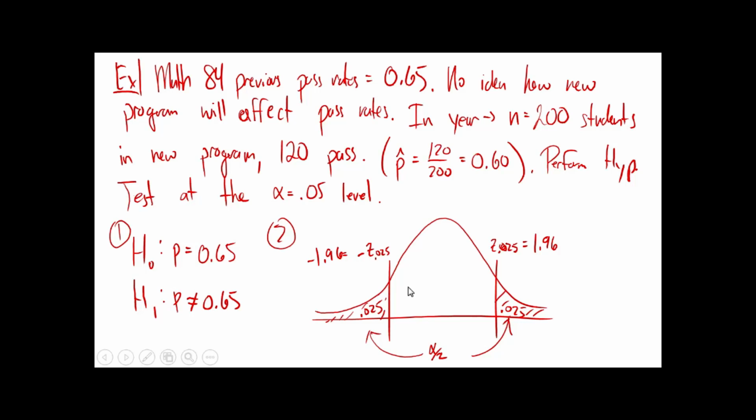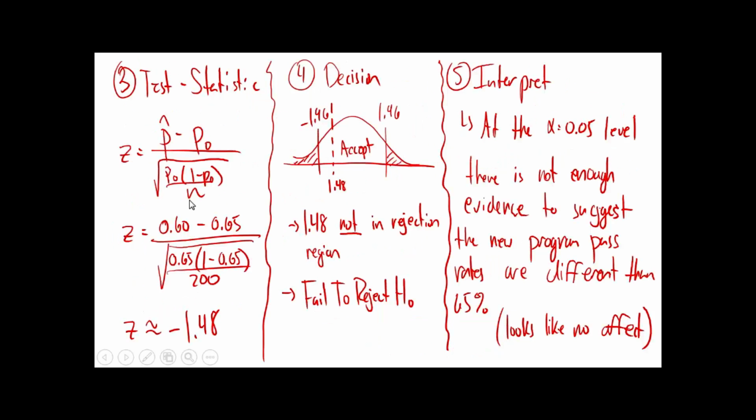And those critical values establish a rejection region. Then you calculate the test statistic. It's always the same for proportions. From the test statistic, you see if it's in the rejection region or not. Based on that, you make a decision. You're either going to reject the null hypothesis or not reject the null hypothesis. And at the end, you're going to interpret it, say kind of what it means.